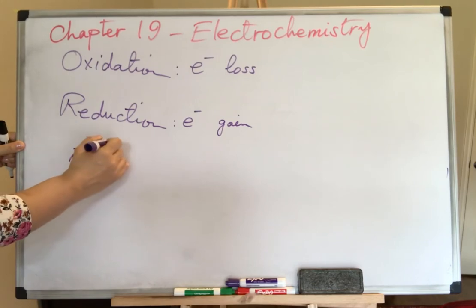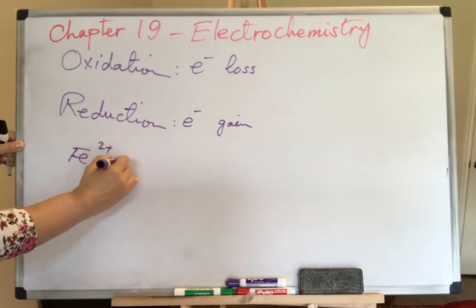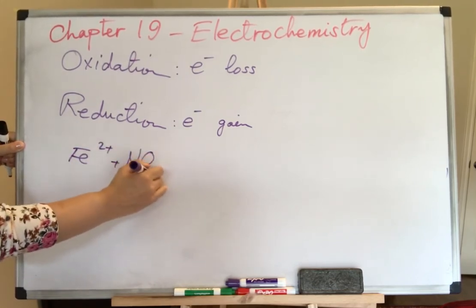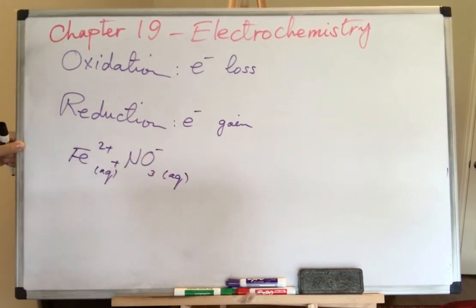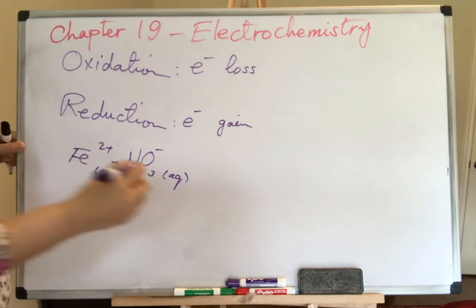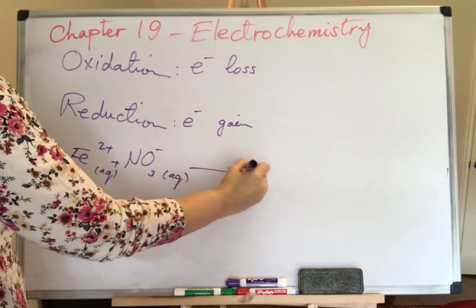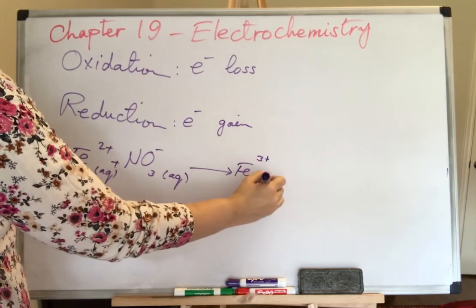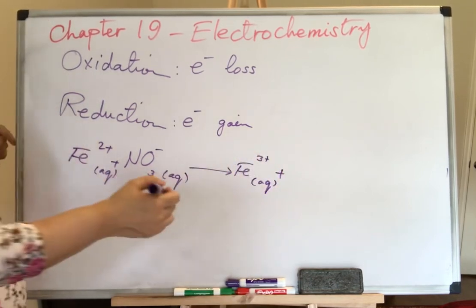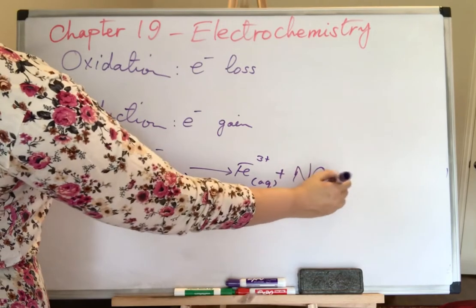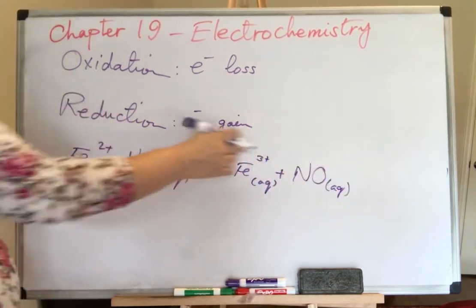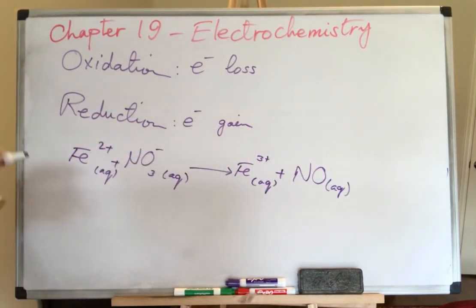Fe2+ plus NO3- gives Fe3+ plus NO. Obviously we haven't shown the anions, right?